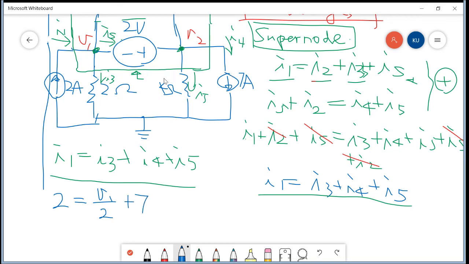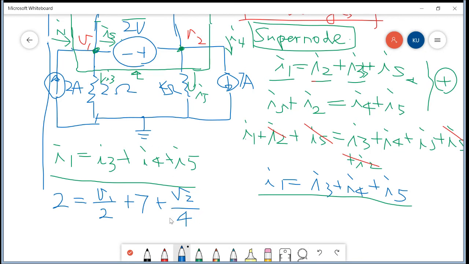And for I5, it should be V2 over 4. So we get an equation corresponding to this supernode.